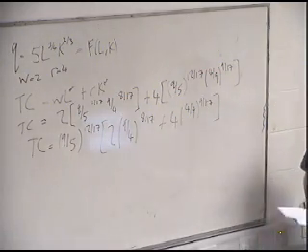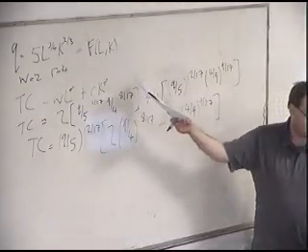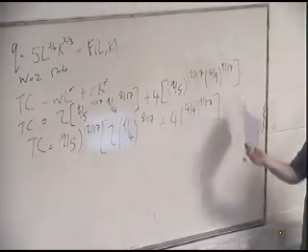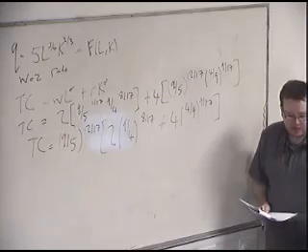So that's your total cost. All you do is take your L star and your K star from the last part and expand them out and make them as simple as you can.